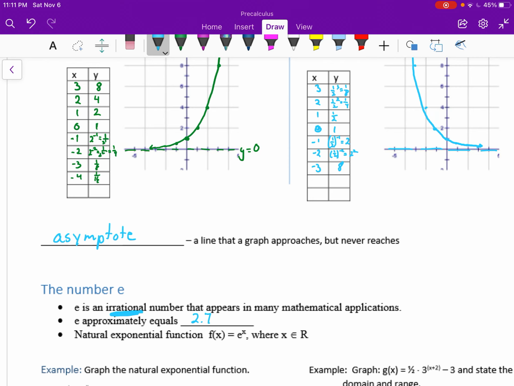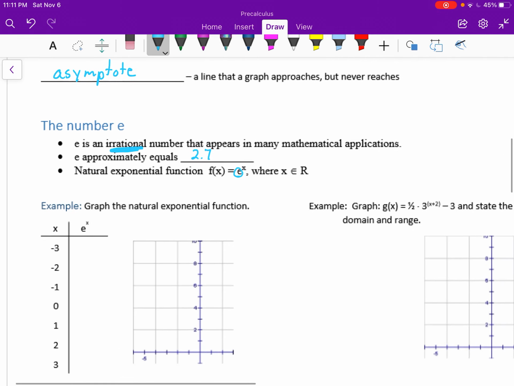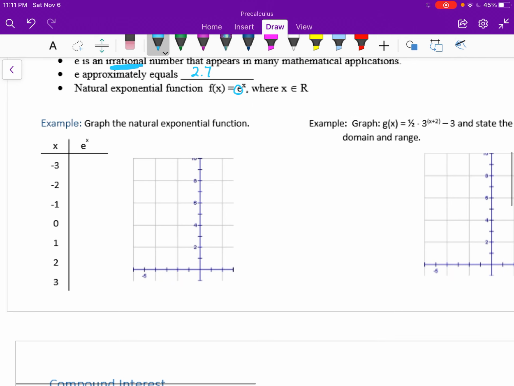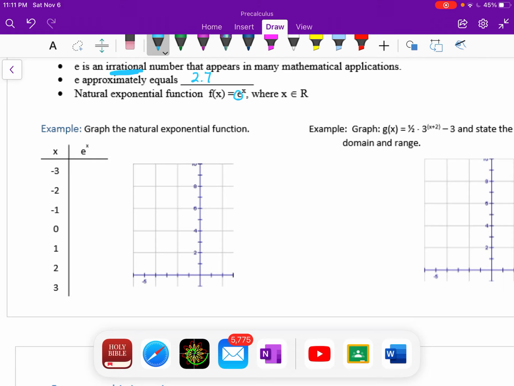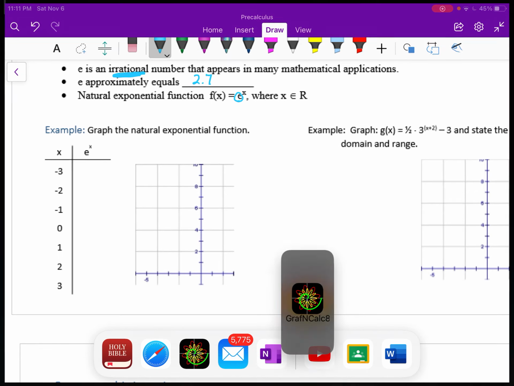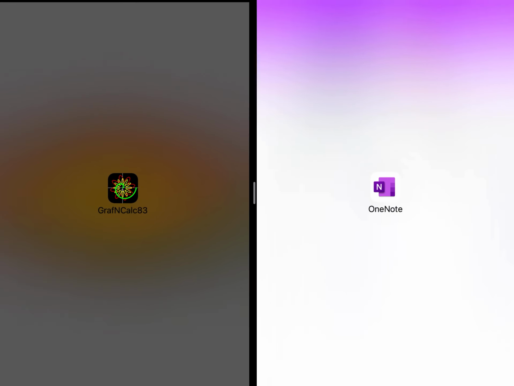So the natural exponential function, f of x equals e to the x, where x is a real number, is called the natural exponential function using that natural number e. So we'll take a look at this function. I'm going to go ahead and bring up a calculator here. Let's put it on this side.